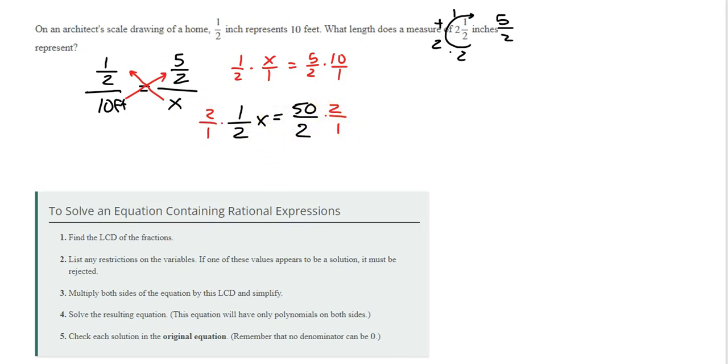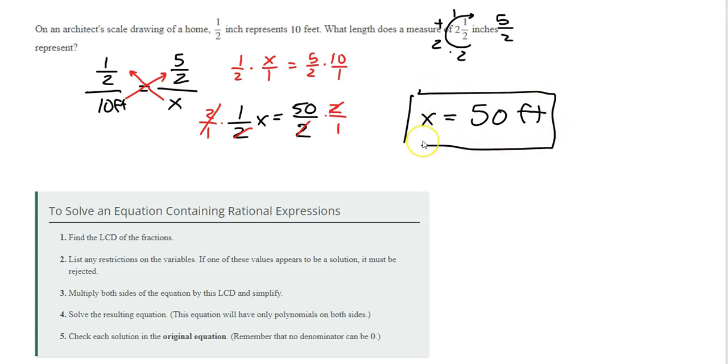Doing that on this side, it reduces out that 2. Here, cross reduce, and I'm going to be left with x equals 50 feet. That would be your answer on that one.